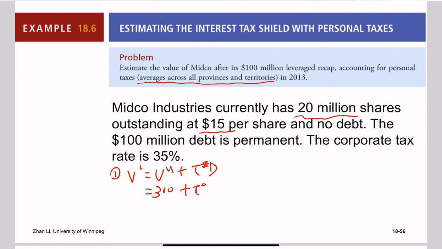So it's T star times 100. So our task here is basically about calculating T star. Right? So T star is, and the problem says we should use the tax rate averages across all provinces and territories.